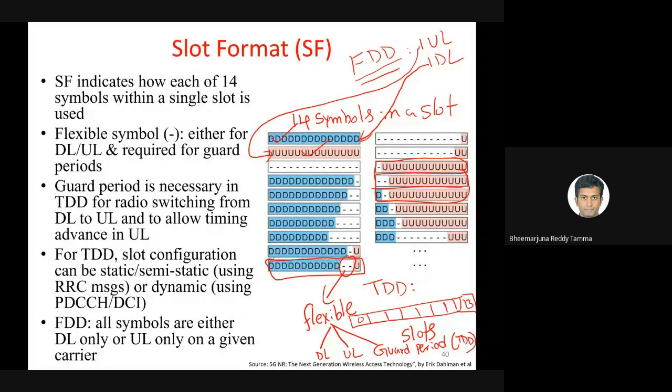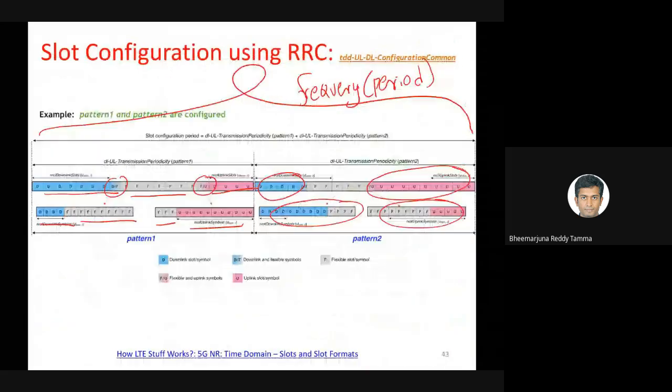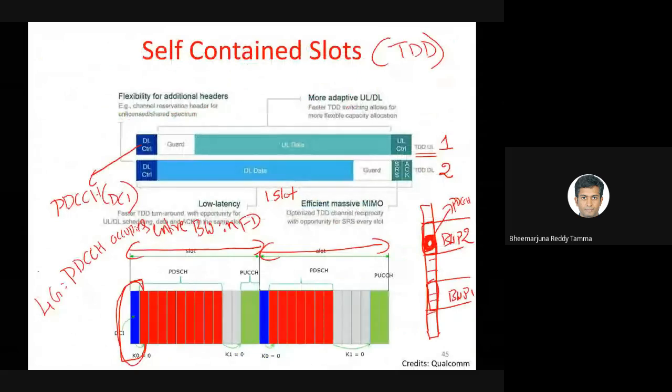This is in the case of a slot. A slot is nothing but 14 symbols. Depending on the numerology, they occupy 1 millisecond to 125 microseconds. So what I'm showing here is at the slot level, and for timing, we will assume that slot equals 1 millisecond for numerology 0.